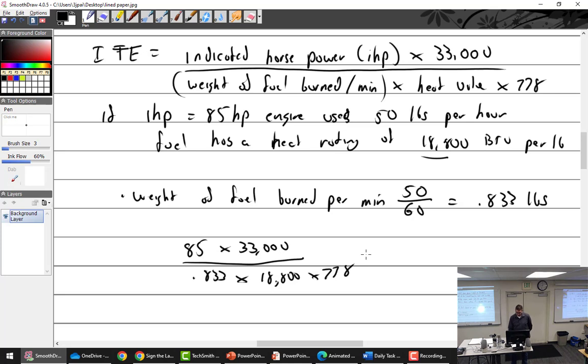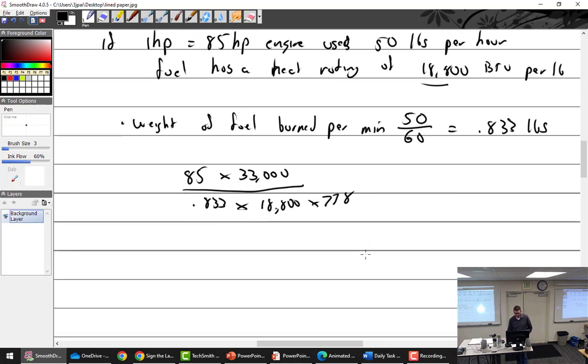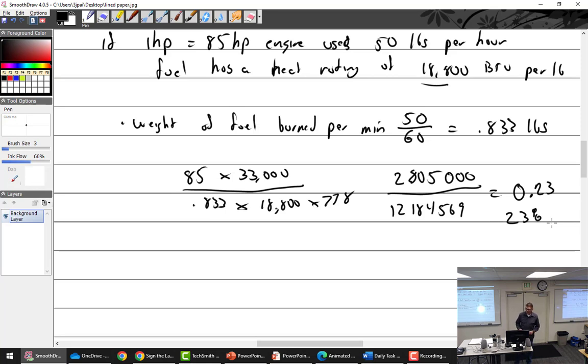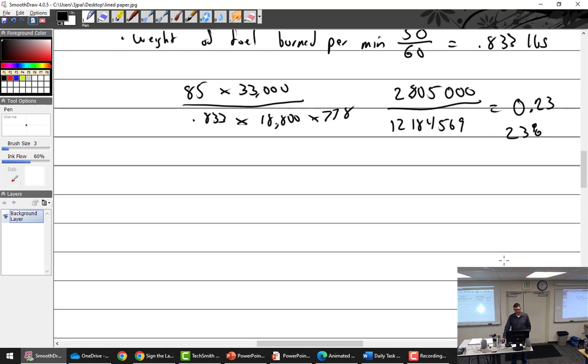So we would end up with a big number, 2,805,000 divided by 12,184,569. Divide those two, we would get 0.23. Convert that to percent: 23%. So that little Continental 85 engine is 23% efficient.